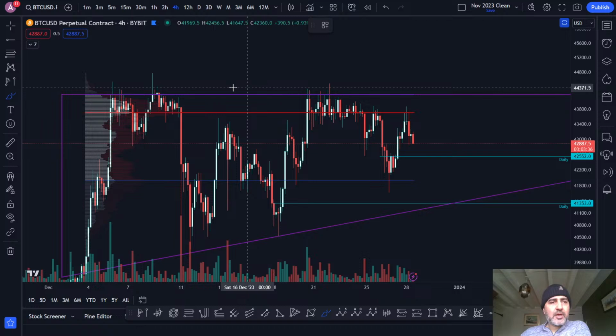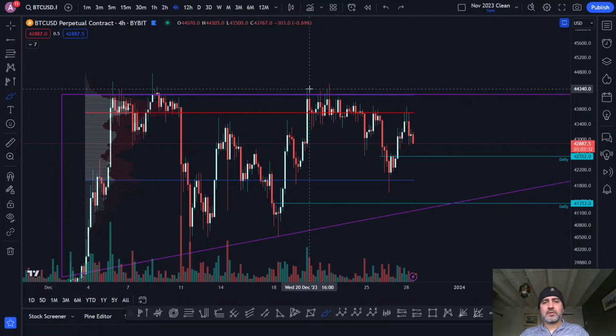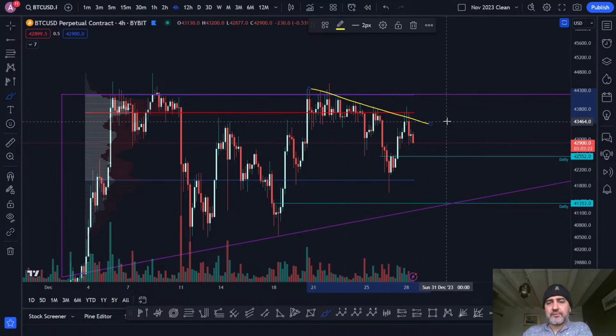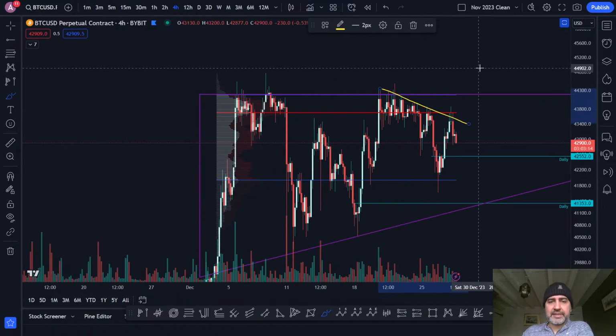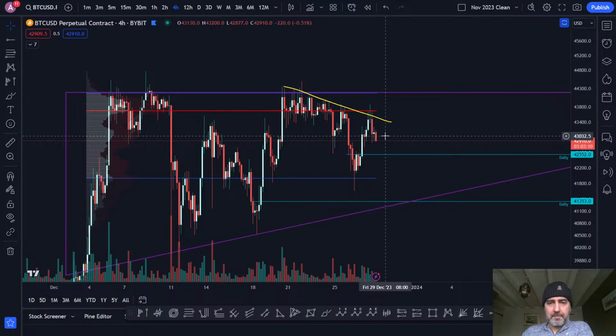We're making our lower highs here. See that? Lower highs. This is a pretty obvious pattern that's forming. You want this to break for a change, for an up. There's a lot of patterns going on here, and sometimes we get patterns within patterns.